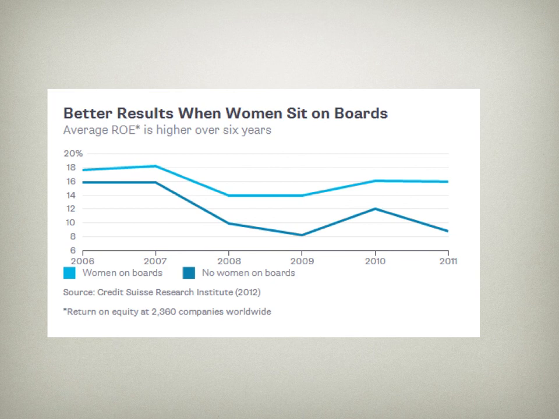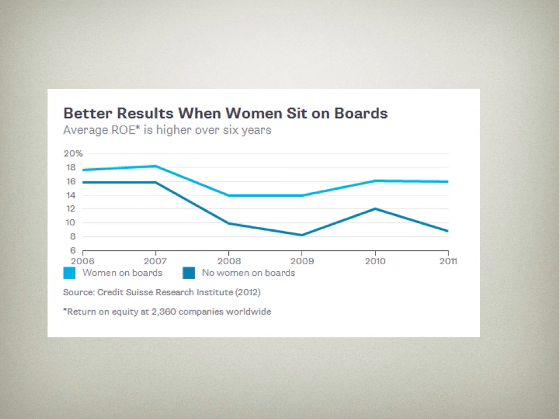Si vous vous rappelez de votre cours de comptabilité, ROE, return on investment, ou return on expenditure, donc c'est le retour sur investissement. Return on equity here. Equity, c'est aussi investissement. Donc, in terms of the equity placed in the company, les retours sont meilleurs.